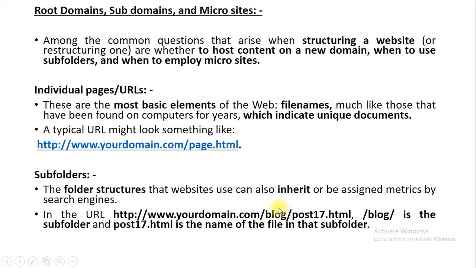So you see, when to create a subfolder: when you are having lots of pages inside one particular category, at that time you just need to create one folder and inside the folder you are able to put the similar files which are related with that particular folder. Say for example, if my project is based on a category, at that time there are lots of pages which are related with the category, right?